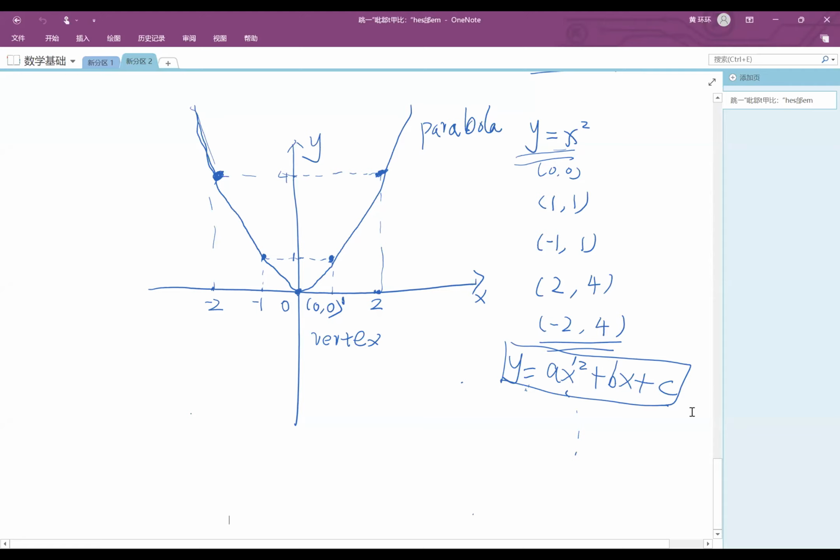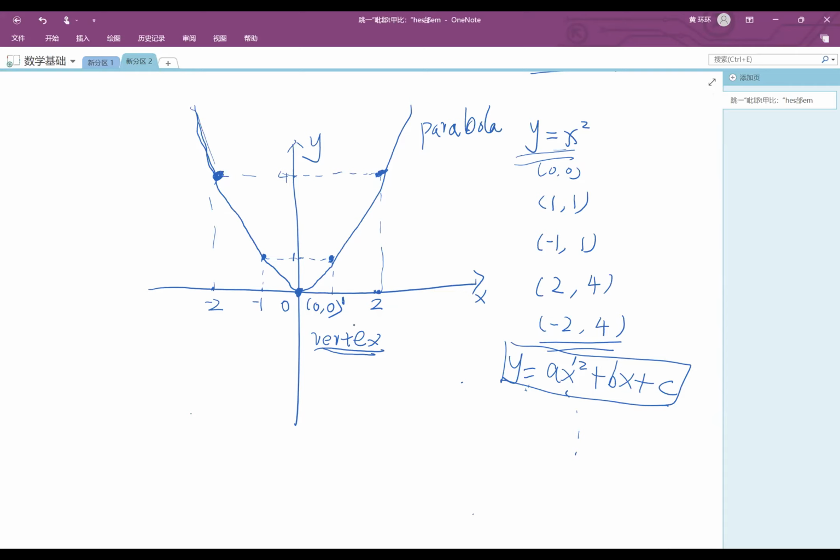Okay. Let's see the graph of this parabola. This point will be called the vertex of this parabola, and then let's see this graph.